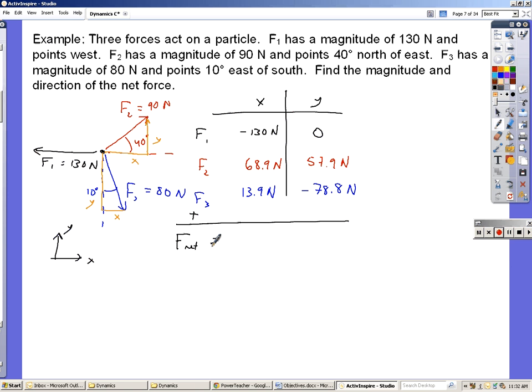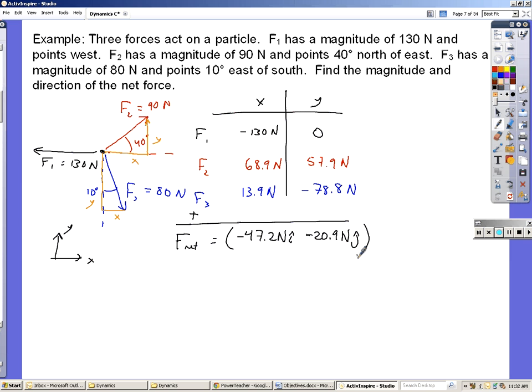So negative 130 plus 68.9 plus 13.9 gives us an x component of negative 47.2 newtons. And the y component, 57.9 minus 78.8, works out to be negative 20.9 newtons. So there are our x and y components of the net force, but we need to find the magnitude and direction.